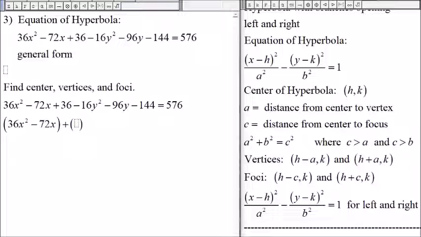And the next group everything that has a y together. And then move everything else to the other side.